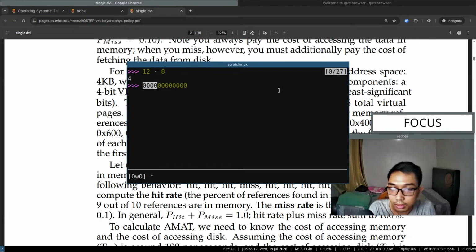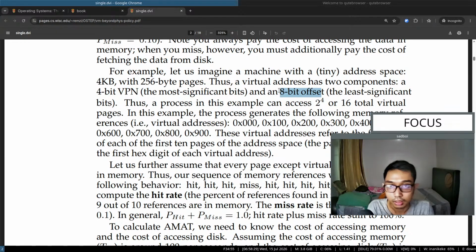So this one is the virtual page number, or maybe the index, and this one is the offset, and the total is 12, right?